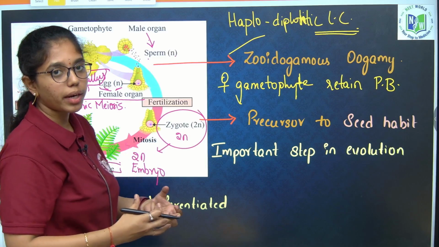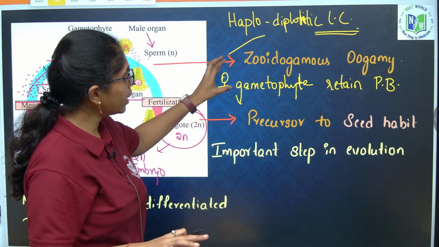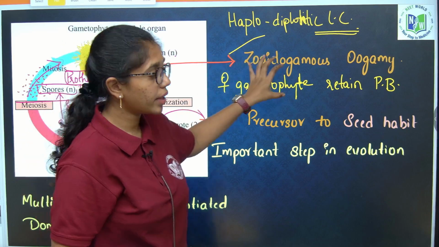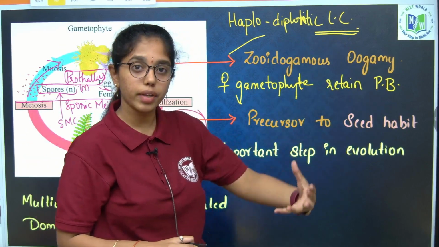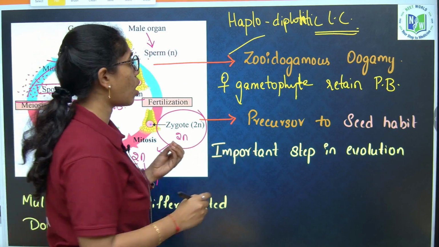Usually in bryophytes what happens? Immediately after fertilization, archegonia is degenerated. But here the female gametophyte can be retained on the plant body for a certain period of time. But then it cannot live for long because of the absence of integuments.